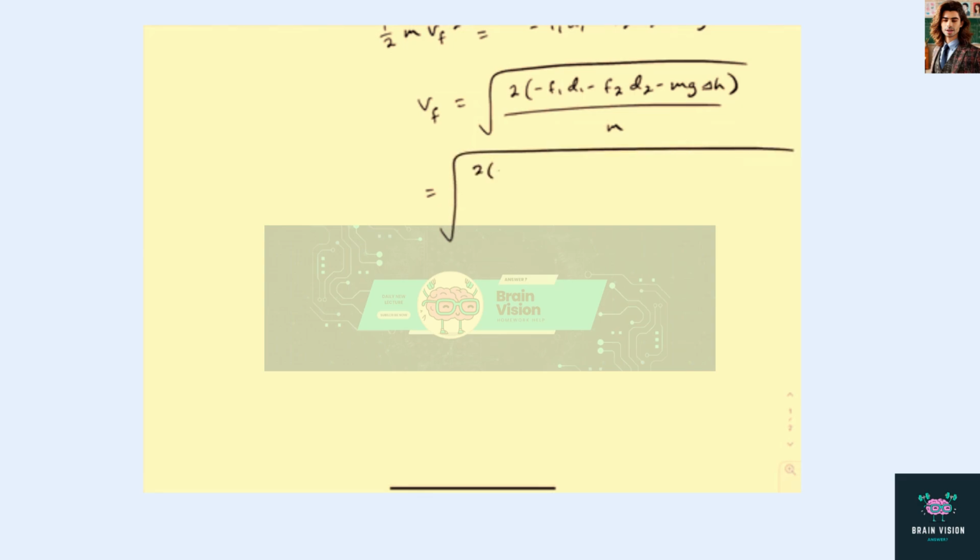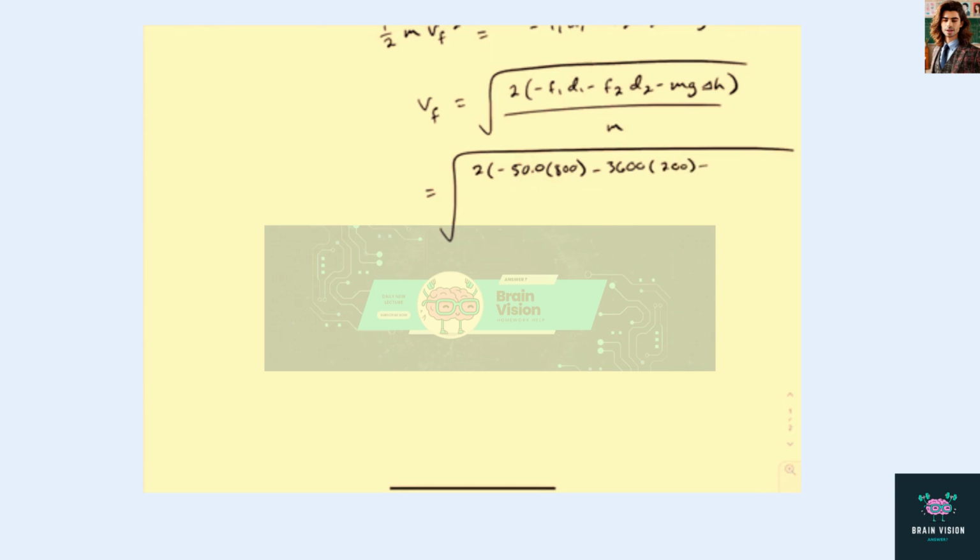The first air resistance is 50 newtons over a distance of 800 meters, because we're falling from 1,000 meters to 200 meters. And then the second air resistance is going to be 3,600 newtons times the last 200 meters.